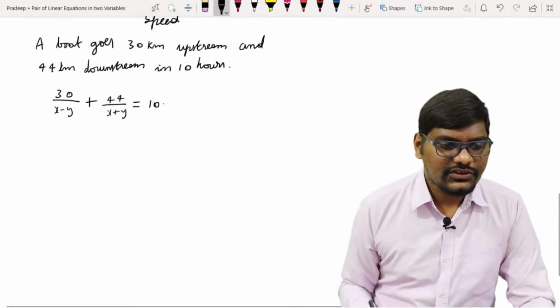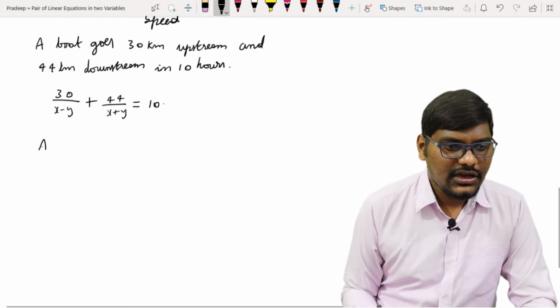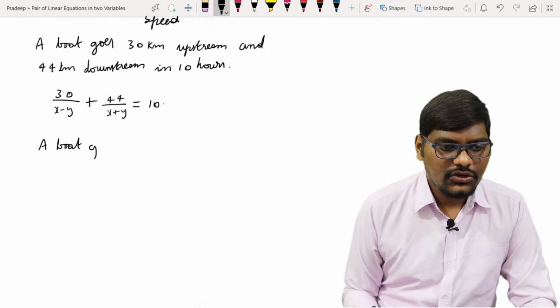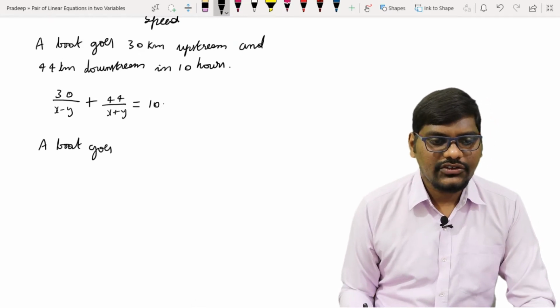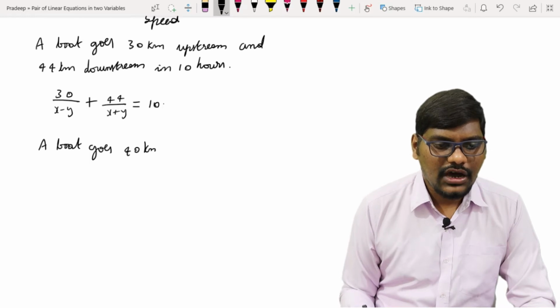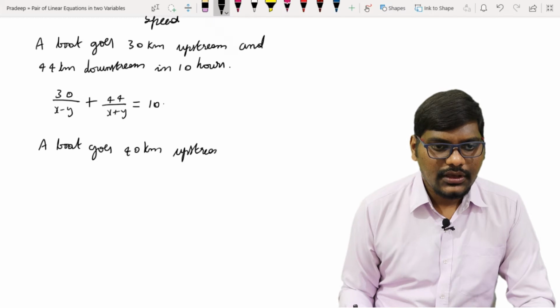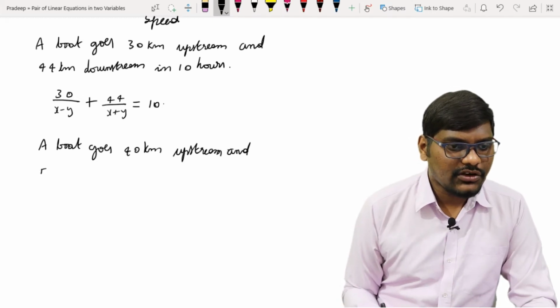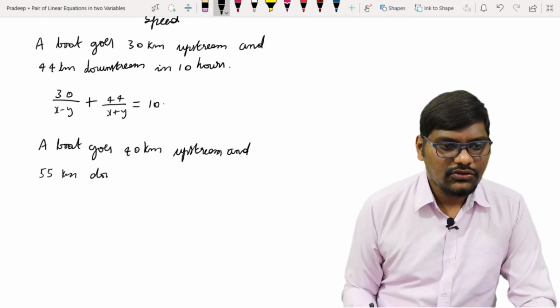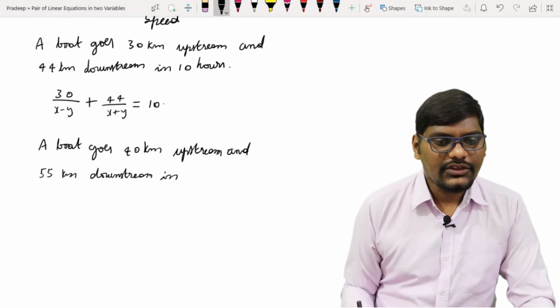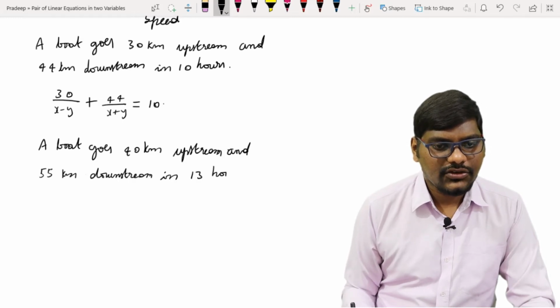Now we'll see the second situation. In the second situation the boat travels 40 km upstream and 55 km downstream, and this is happening in 13 hours.